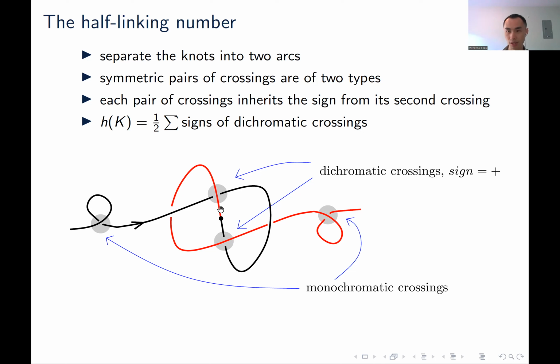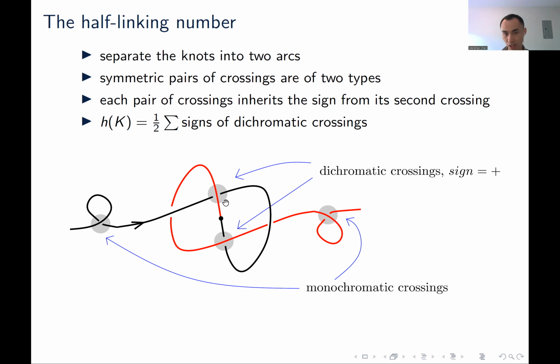However, there's a way to assign a sign to every pair of crossings using the orientation of the knot. Here's the way to do it. Let's look at these two crossings, for example. I'm going to start from one of the fixed points, say at infinity, and traverse the knot along the orientation, like this.